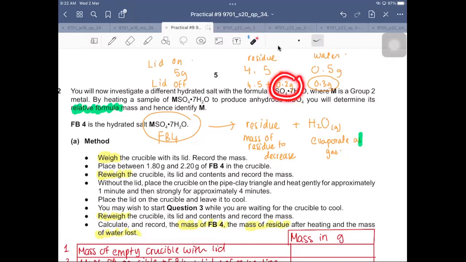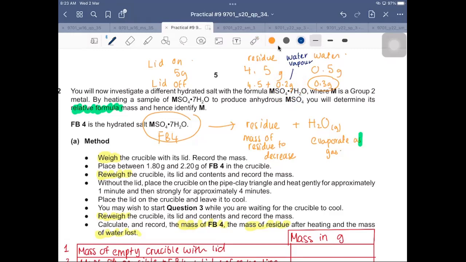Okay, so this is a bit confusing concept, right? Because this 0.2 gram comes from water vapor, because we expose the residue, right? We don't cover it with the lid. Okay, so the water vapor now makes our residue heavier.